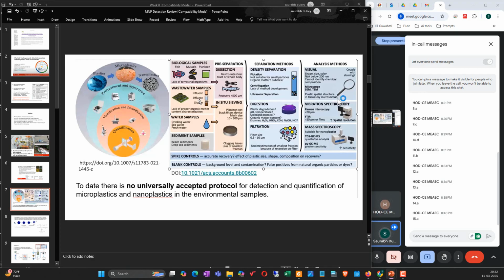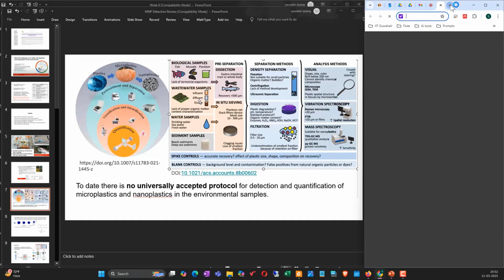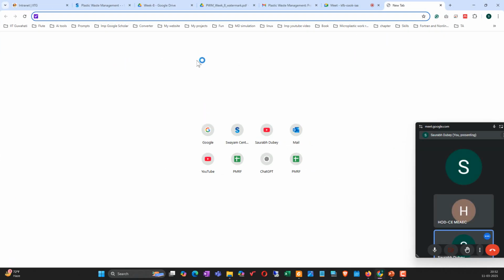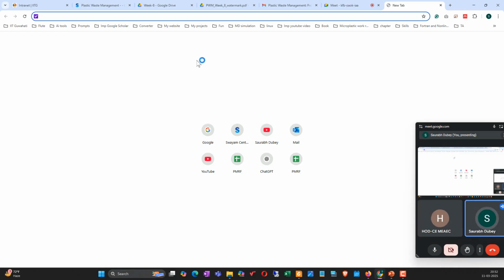Even currently, one article I came across, you can just show that article. In these edible plants, these micro nanoplastics are making their way.